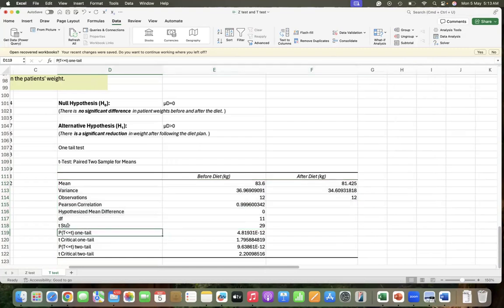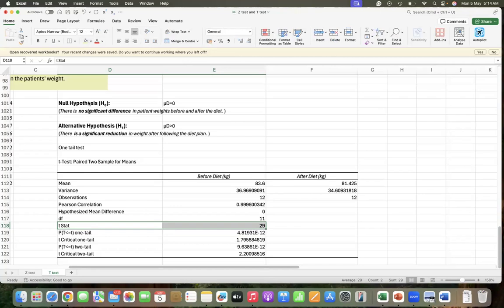Now, T statistic, आंसर क्या है इसका? 29. और ये वन टेल टेस्ट था. सो वन टेल की क्रिटिकल वैल्यू देखेंगे. वन टेल की क्रिटिकल वैल्यू है 1.79. ओके. एंड टी स्टैटिस्टिक आया है 29. बहुत ज्यादा है उससे.